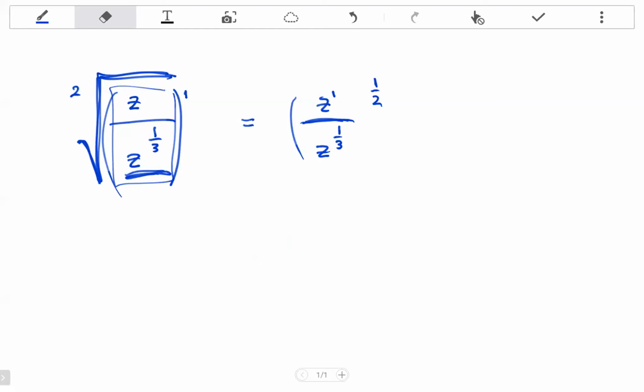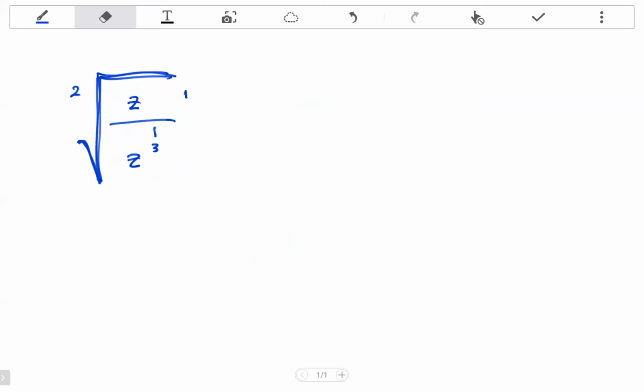Let's move on to evaluating radical expressions. These are harder, I think. But now we're going to work with numbers, not variables. We always work with z or x or a, but let's work with numbers this time.